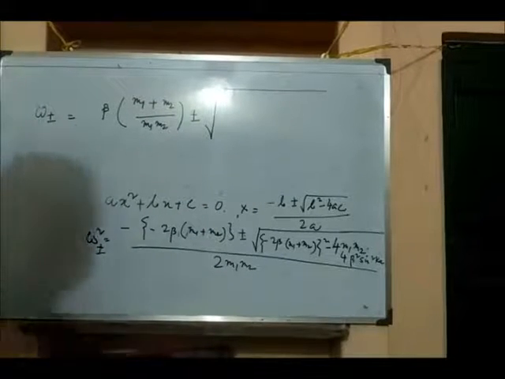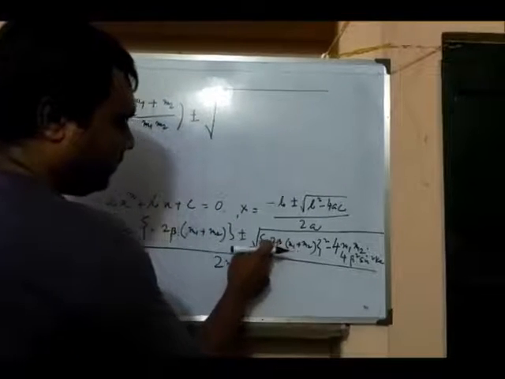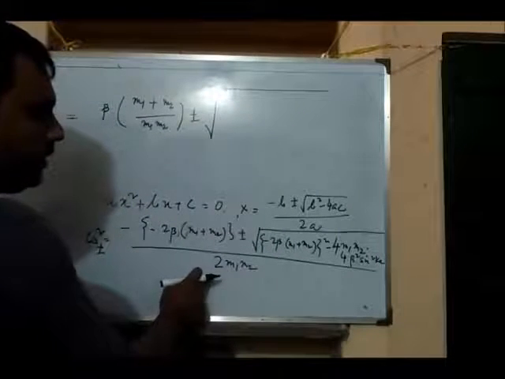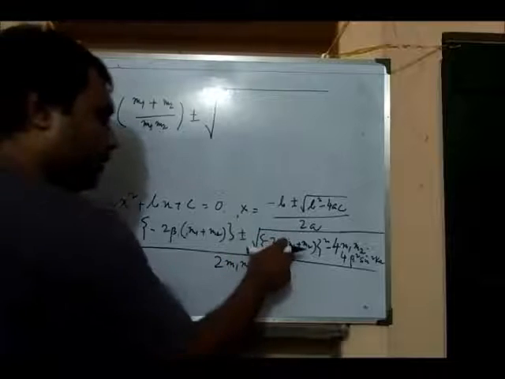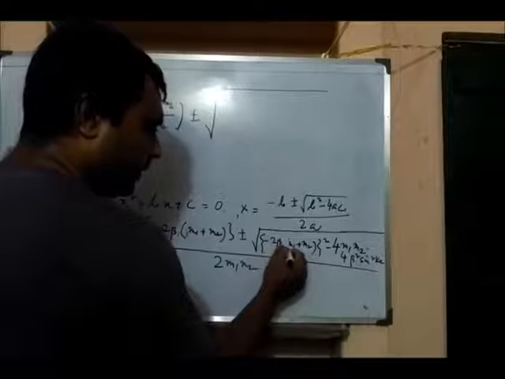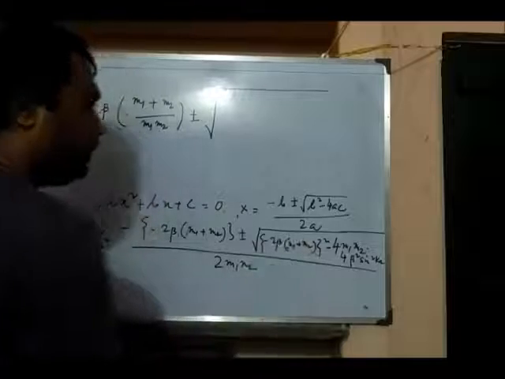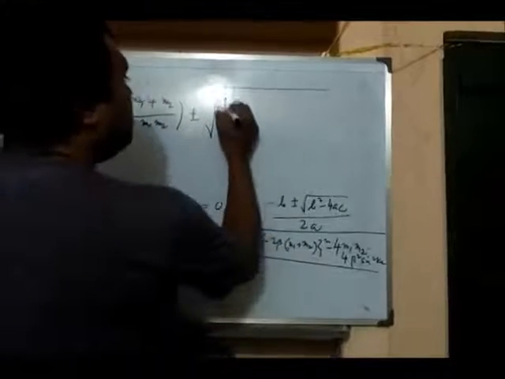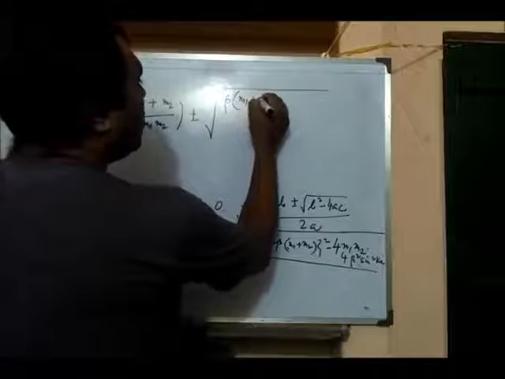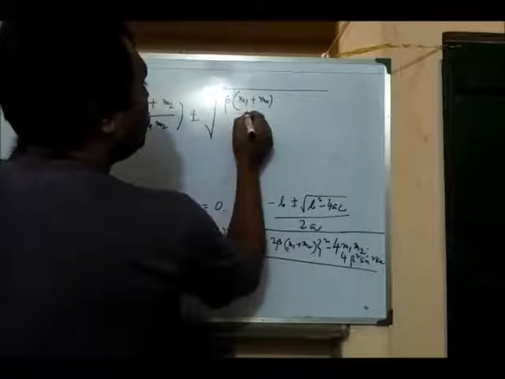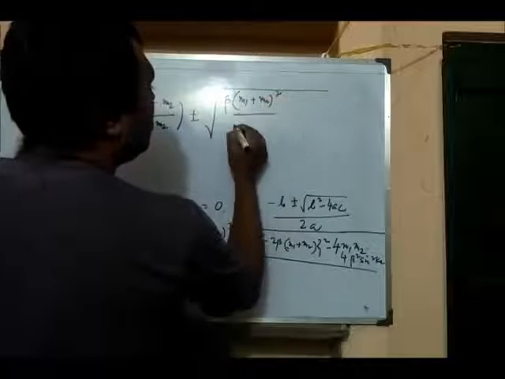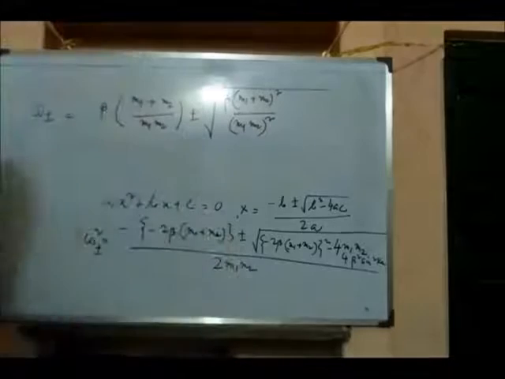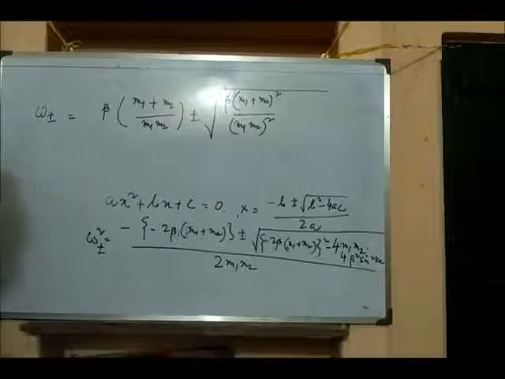Just 2 is removed, so this will be beta (m1 plus m2) over m1 m2, plus minus root over 2 beta square. If you just remove this 2, you bring this m1 m2 within this bracket, and you will get beta (m1 plus m2) square divided by (m1 m2) square, right?